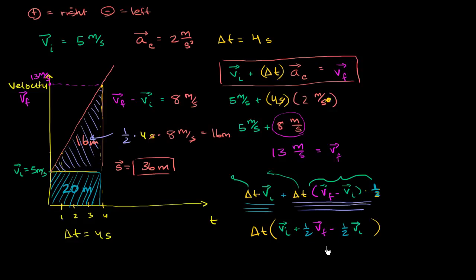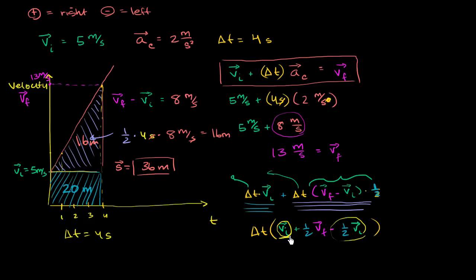And now what does this simplify to? We have something plus 1/2 times something else minus 1/2 times that original something. So what is vi minus 1/2 times vi? Anything minus half of it, you're just going to have a positive half left.